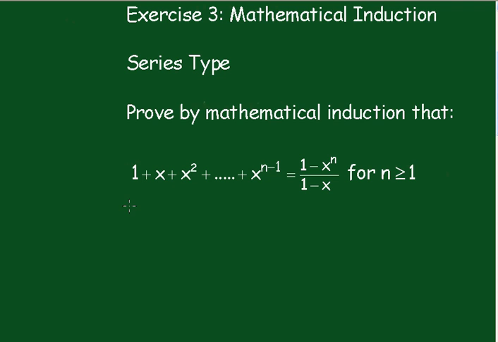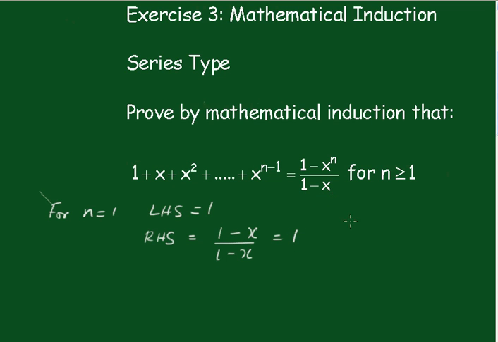Okay, now for n equals 1, the left hand side equals just 1. The right hand side is equal to 1 minus x over 1 minus x, and that's equal to 1.